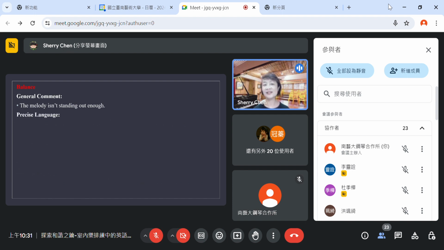The precise language will sound like, violin in measure 50 play mezzo forte while the cello and piano play piano to ensure the melody is prominent. So the melody line here is in the violin, so at measure 50 the violin needs to bring out the melody, and the other 2 instruments, cello and piano, can play softly.